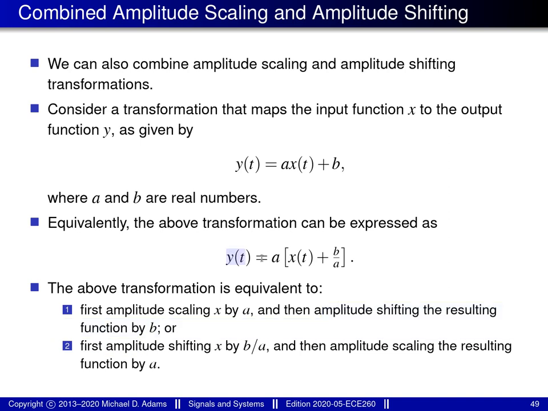Alternatively, we can write things in this way, because this equation is equivalent to the one above, but it leads to a different way to interpret the same operation. Because of order of operations, we have to first do what's in the brackets here. So we first apply amplitude shifting by b over a, and then we take the result of that and amplitude scale by a factor of a.